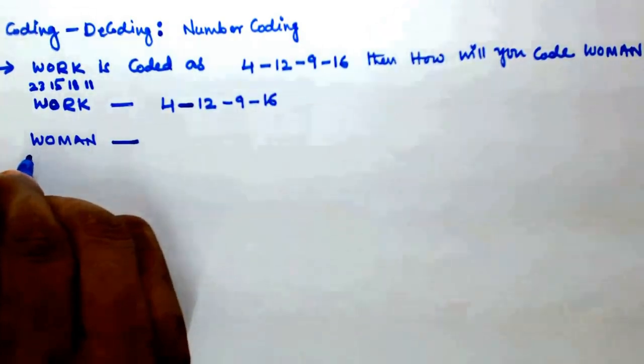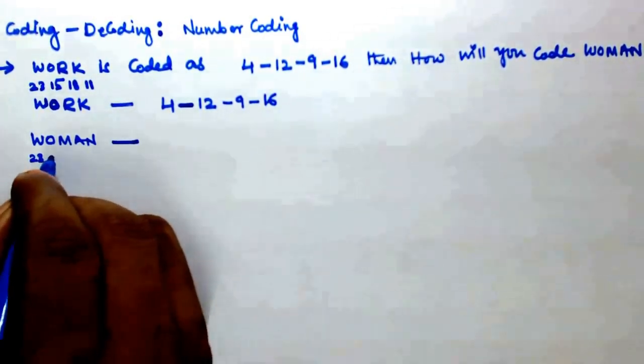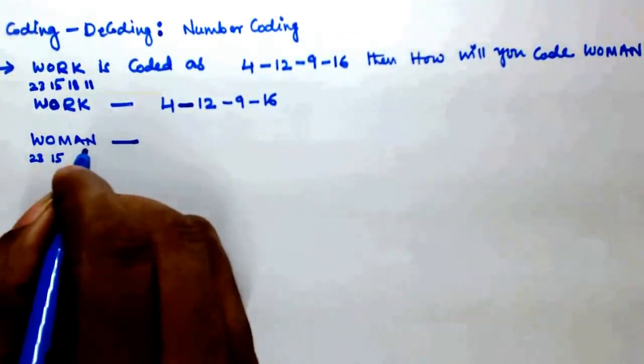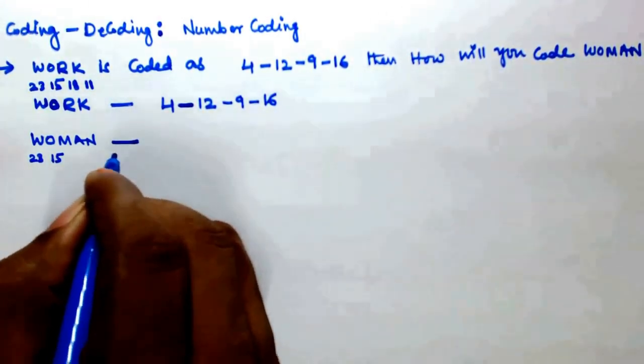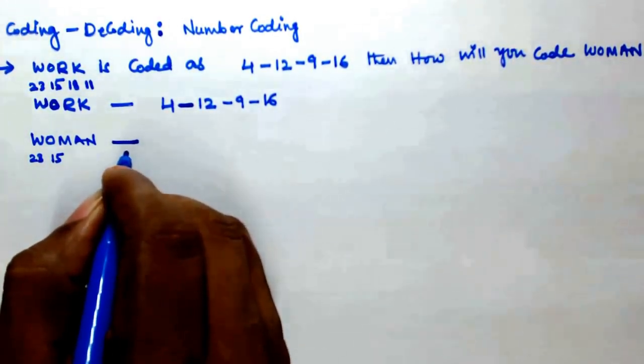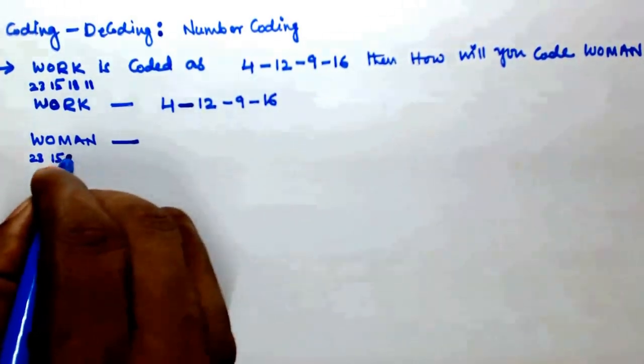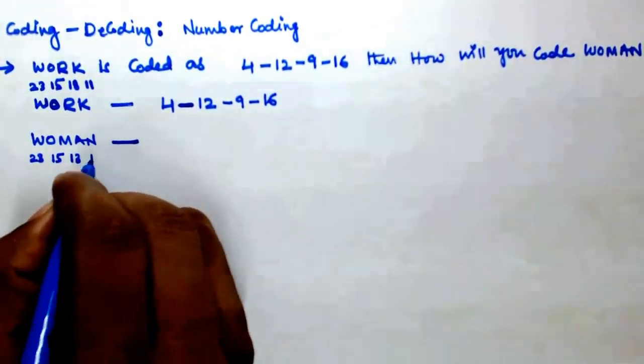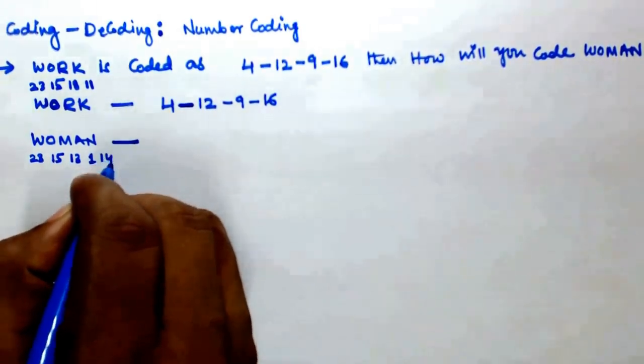So W is 23, O is 15, M is 13, A is 1, N is 14.